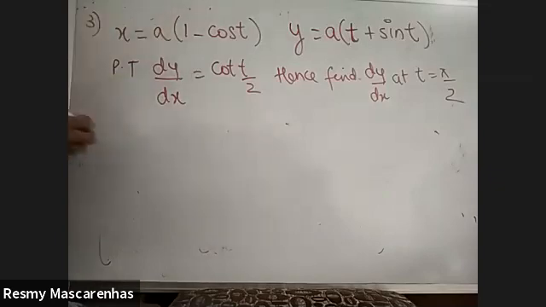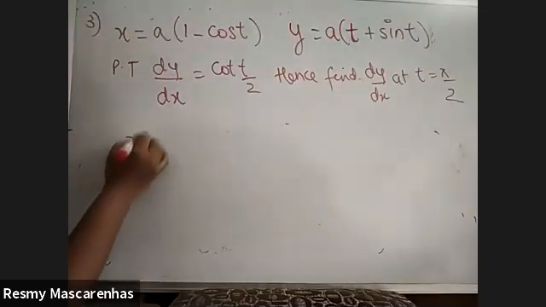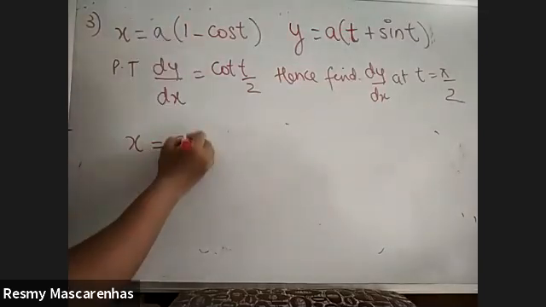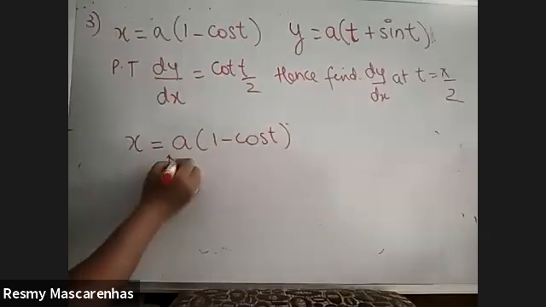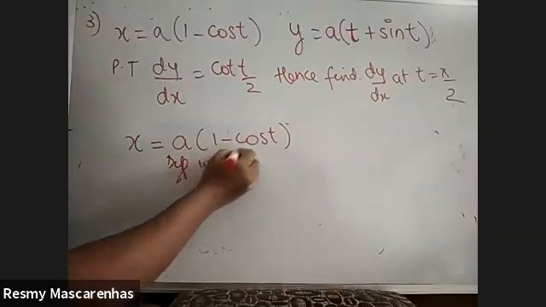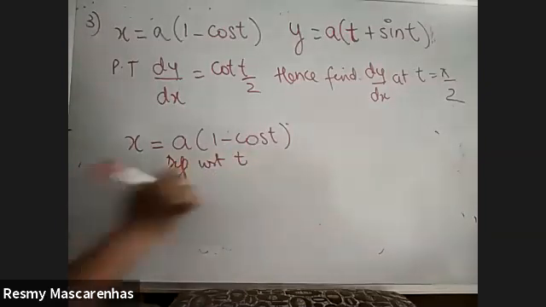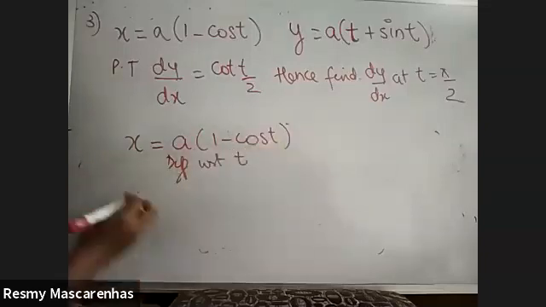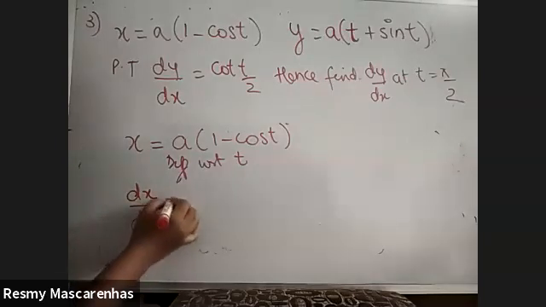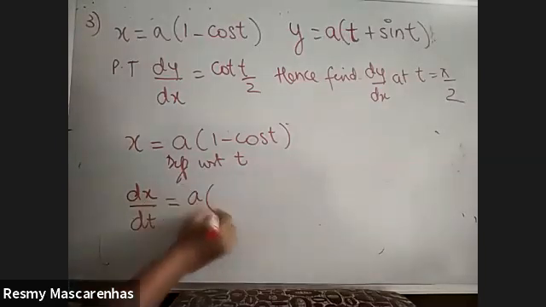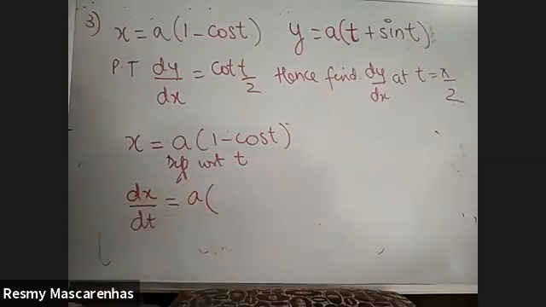So what you have to do is straight away x is given as a(1 minus cos t). So differentiate with respect to t. This you have to write down for the exam also, with what you are differentiating with respect to t. So this will be dx upon dt. A will remain there on the other side because it's a number.